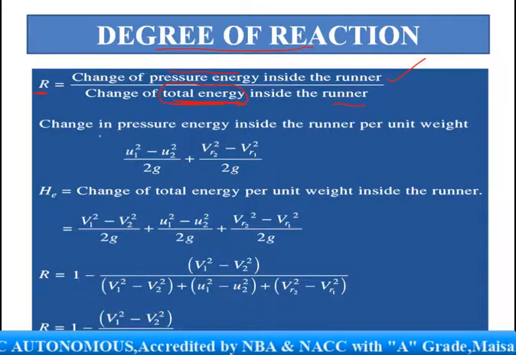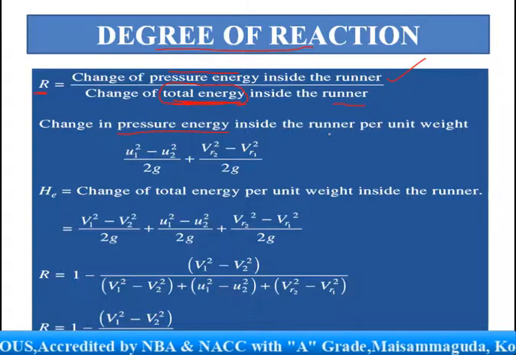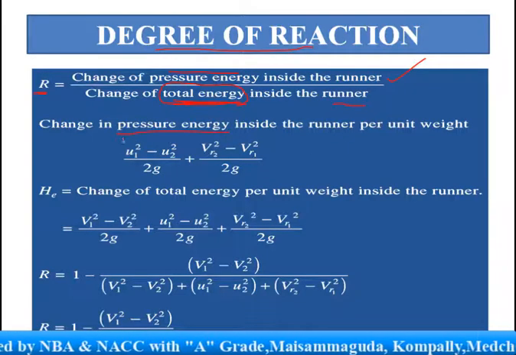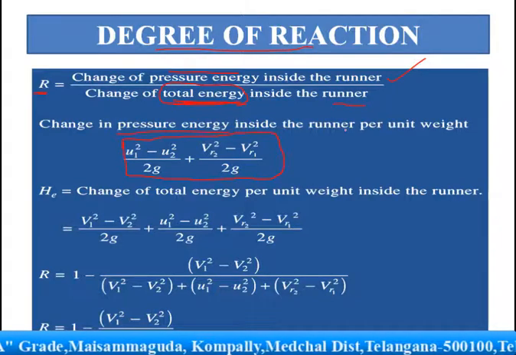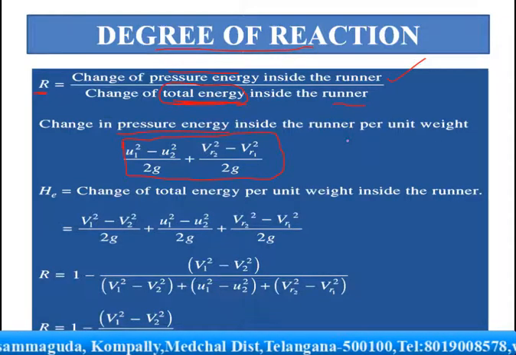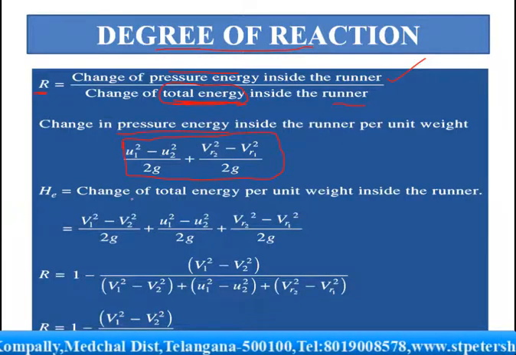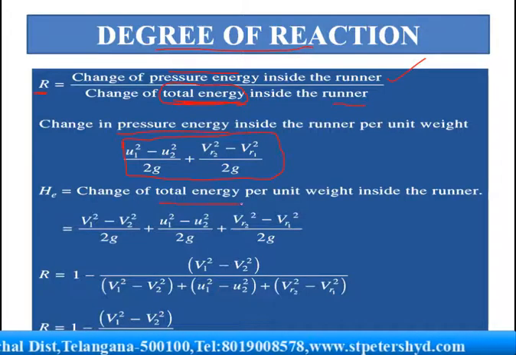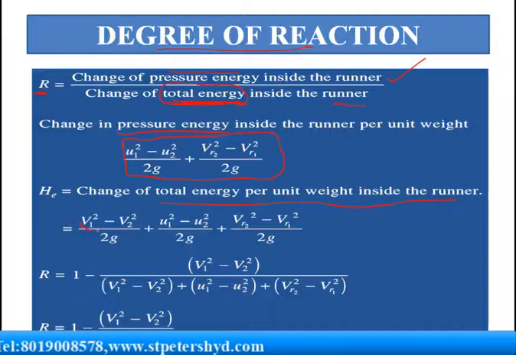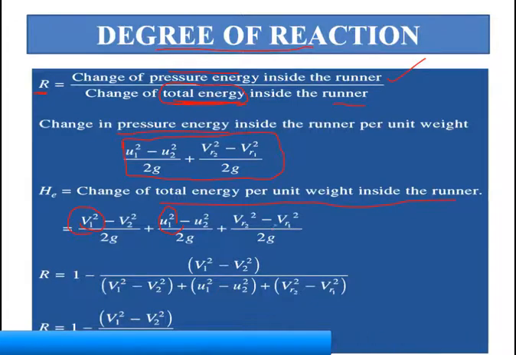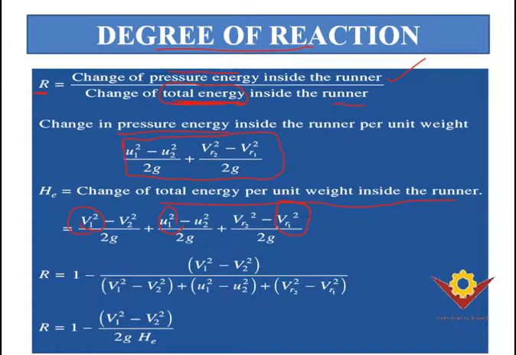First, what is the change of pressure energy inside the runner per unit weight? For this, this is the formula. This is only the pressure inside the runner per unit weight. And next one, it is the change of total energy per unit weight inside the runner, in which these are the absolute velocity of your jet, this is the blade velocity, this is your relative velocity at the inlet, and the rest are exit velocities.